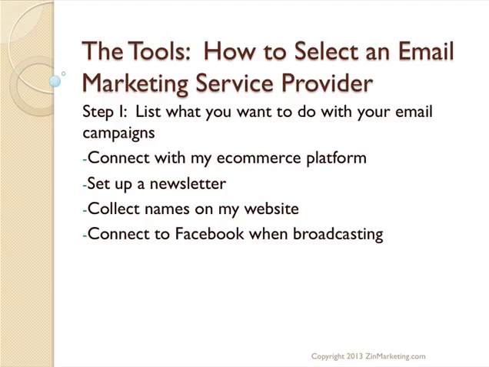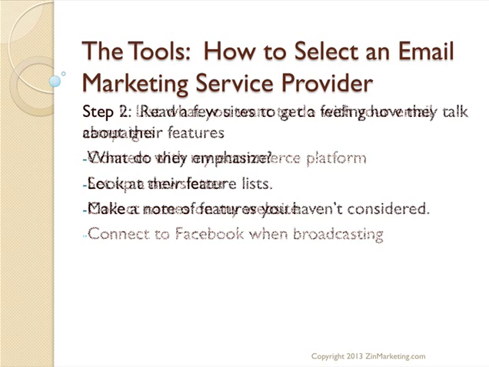Other people might want to do split tests. They might want more advanced autoresponder sequences or conditional statements, where if you join one list, you get stopped from receiving messages from another list. So there's a really valuable step in sitting down and reviewing, on paper or in a document, exactly what you want to do with your email campaigns.